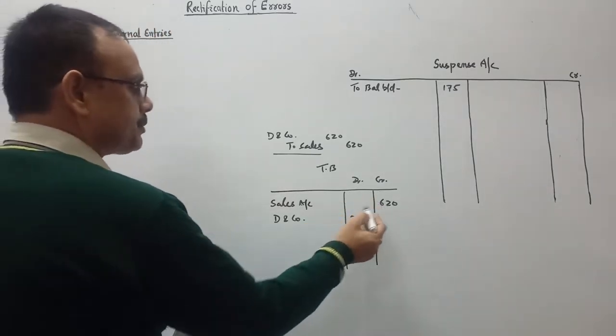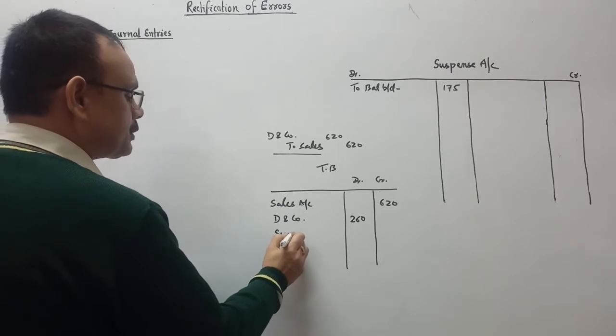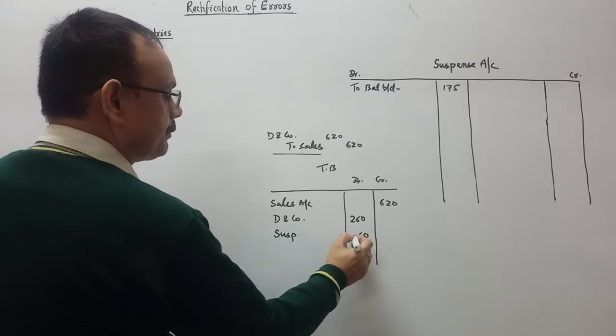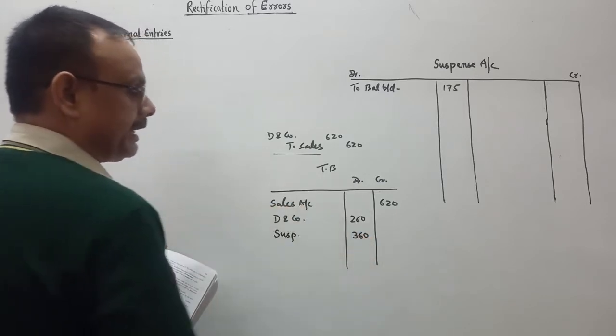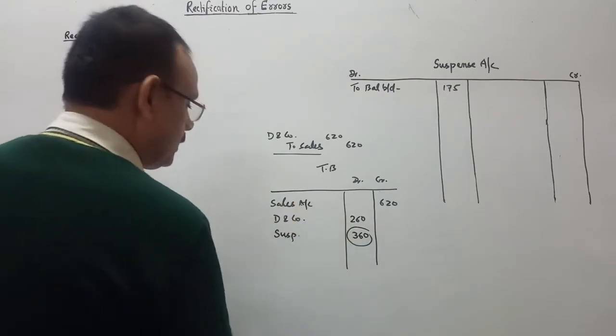So the credit side is more, the debit side is less. To match the trial balance, the suspense account will be on the debit side. We have opened it on the debit side by 360. This is the difference amount.